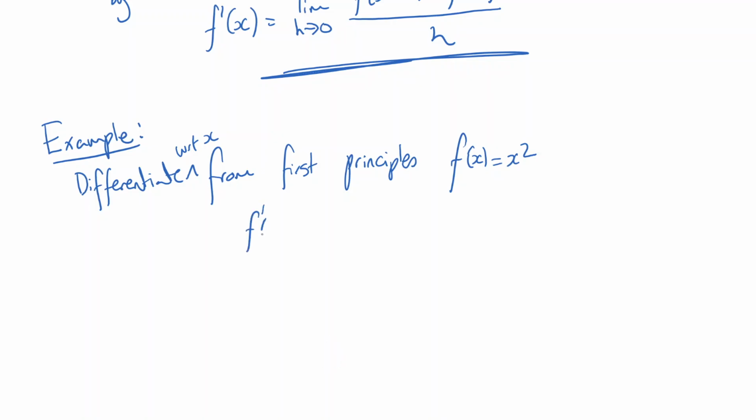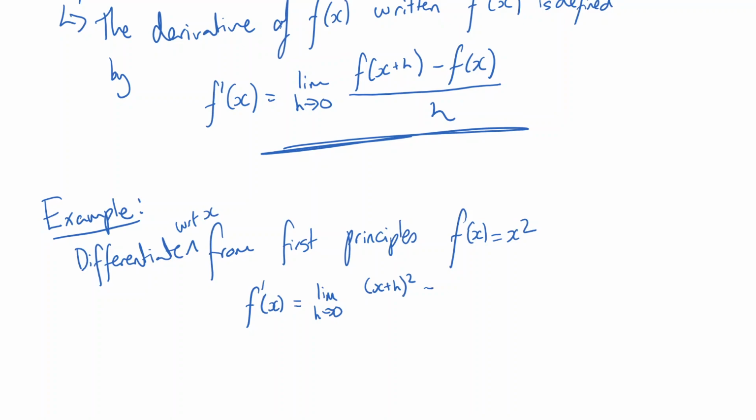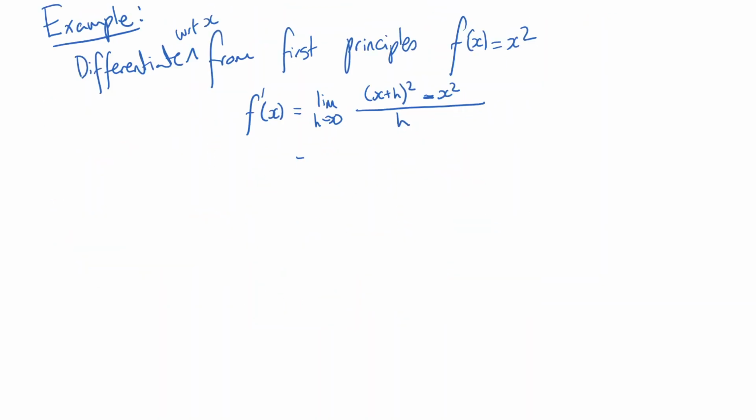So f prime of x, let's just make sure we can see our definition as well. So f prime of x is equal to the limit as h goes to 0 of f of x plus h, so that's going to be x plus h squared, minus f of x, which is just x squared, over h, right? So now let's just expand that bracket.